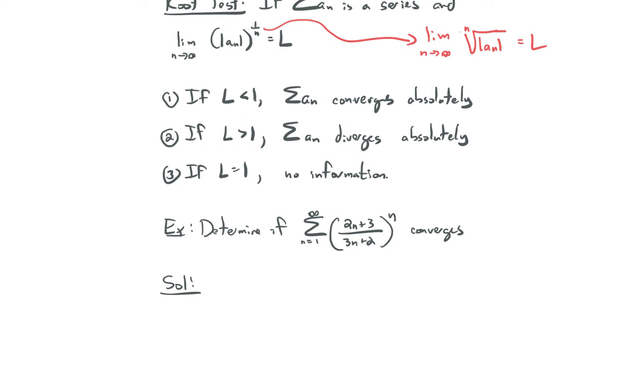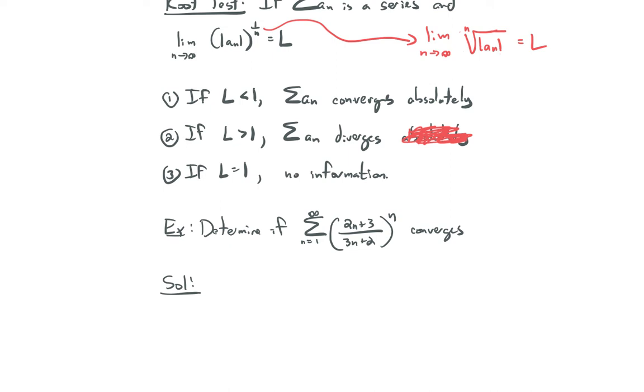If your L is large, so bigger than 1, you know that your series diverges absolutely. In fact, we don't even need this word absolutely. Let's just cross that out. It just diverges. There's no such thing as diverging absolutely. And if L equals 1, then there's no information.